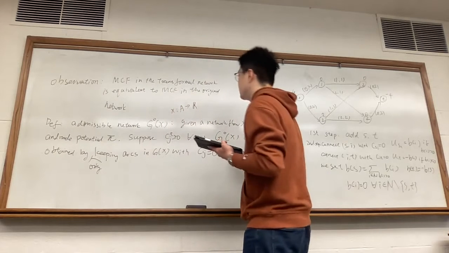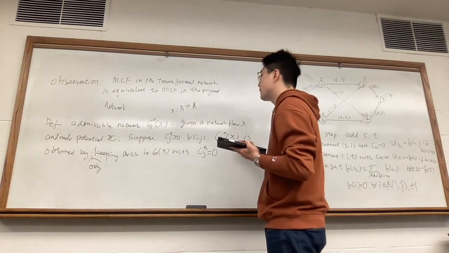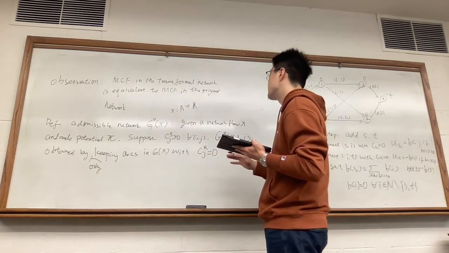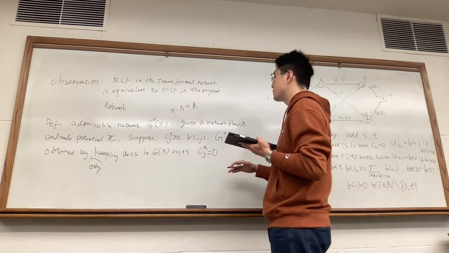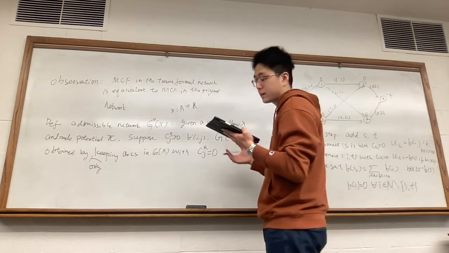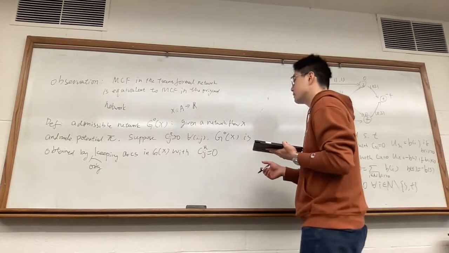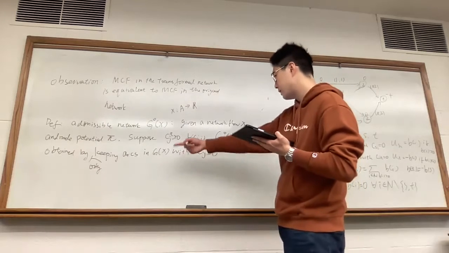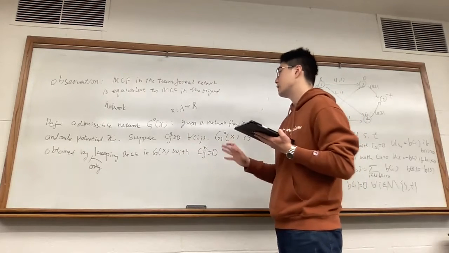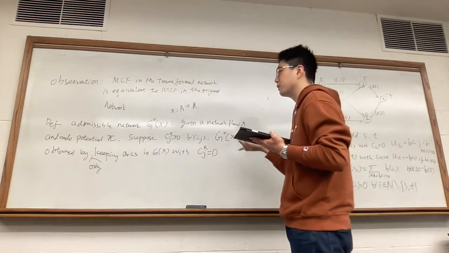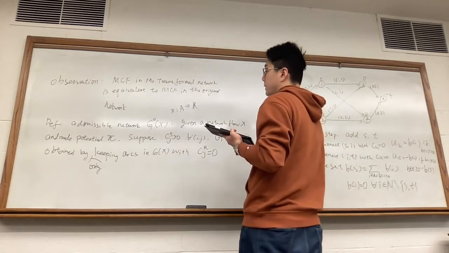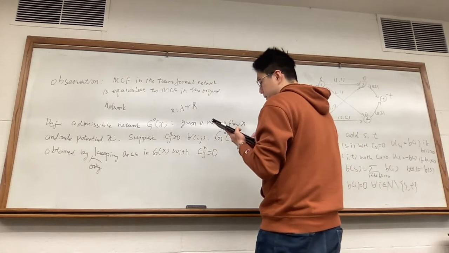So look at this definition. G0X is obtained by only keeping the arcs in Gx with Cij pi equals 0. So that's to say G0X is a subgraph of Gx, and Gx is the residual network. I'm pretty sure that you are very familiar with how to obtain a residual network given the original network and the flow X. Okay, so G0X is obtained by only keeping arcs in Gx with Cij pi equals 0.